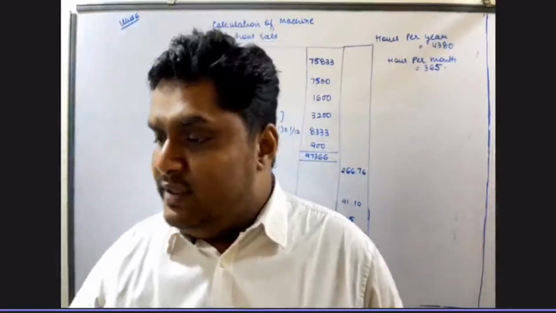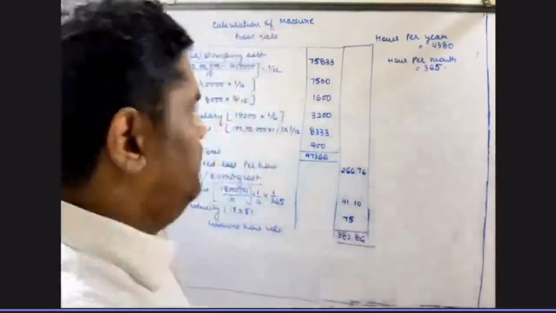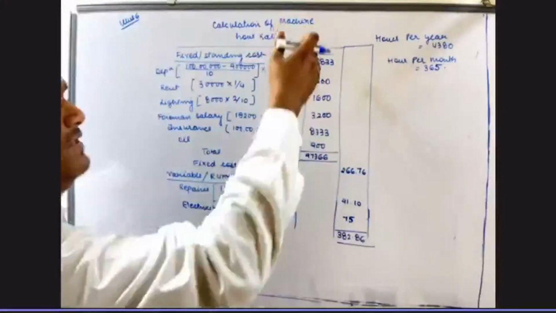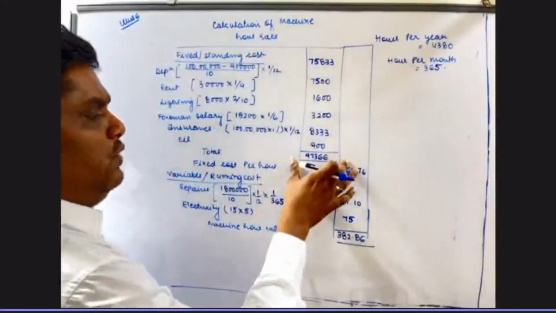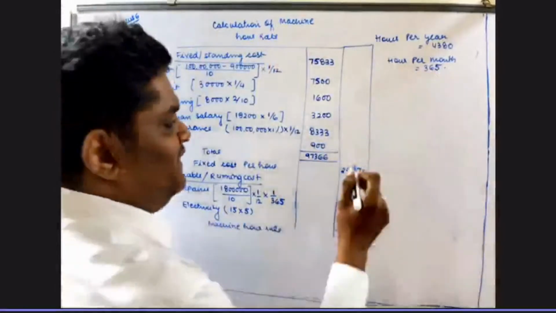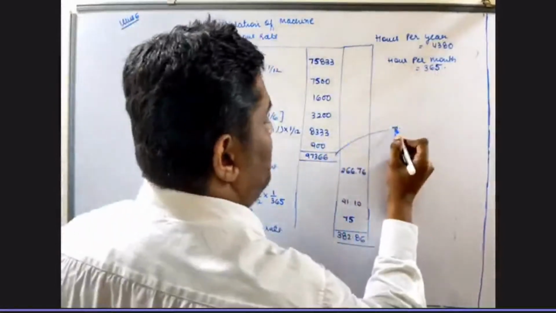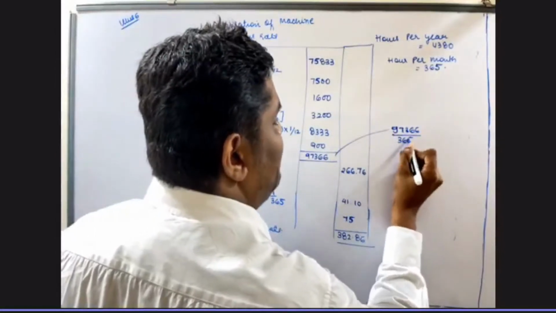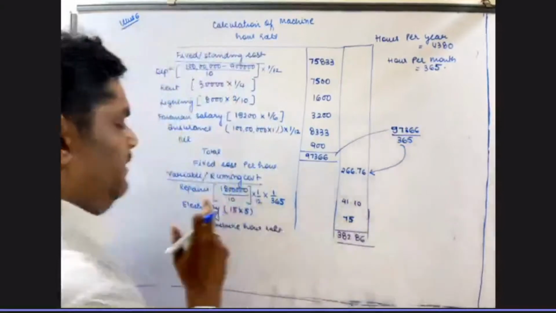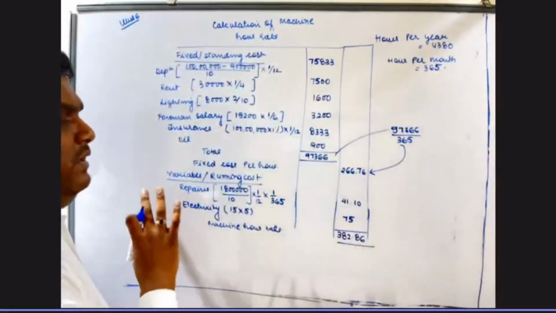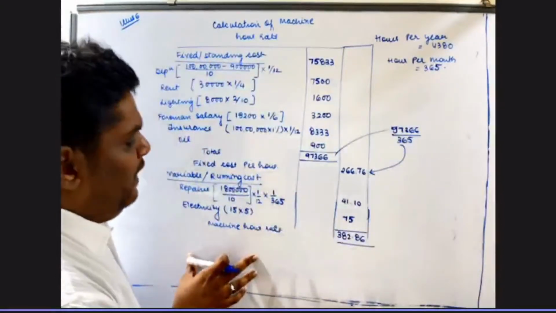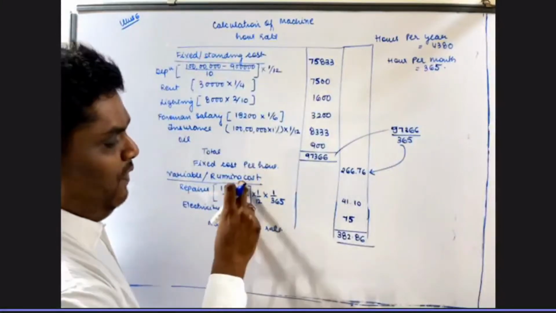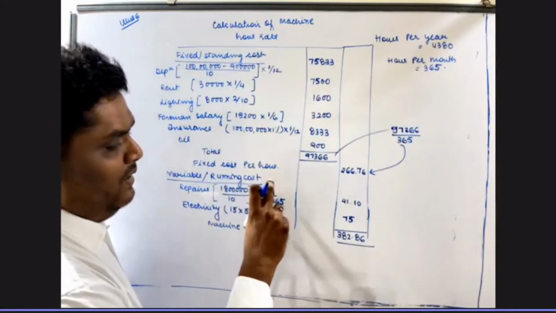Okay, sir, did not get the rate per hour. Kiran Shukla, you have to first calculate the fixed cost. The total fixed cost, 97366, divided by 365, we'll get the per hour rate. When talking about repairs, the variable cost will be calculated per hour only. So 18 lakh divided by 10, this is for 1 year, this is for 1 month, and this is per hour.